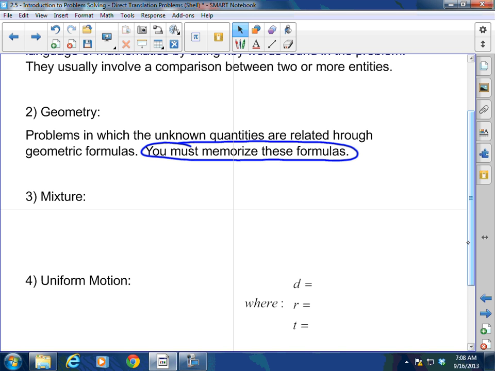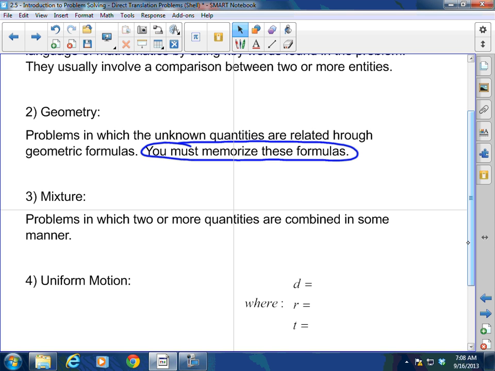Triangles, got to know that. Mixture problems. Mixture problems are problems in which 2 or more quantities are combined in some manner or some form. Okay, you got 20% of this and you got 50% of that. You combine them and you get X% of this new solution. So that's the kind of problem that are involved in mixtures.